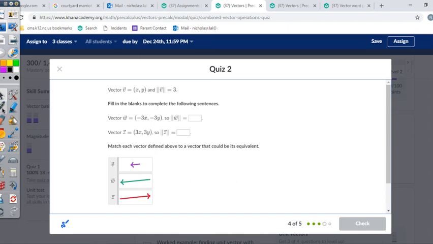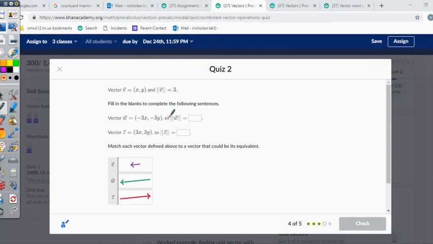All right. Vector V is x, y, and vector V has a magnitude of 3. So fill in the blanks to complete the following sentences. Vector W is negative 3x, negative 3y, as opposed to vector V having x and y.